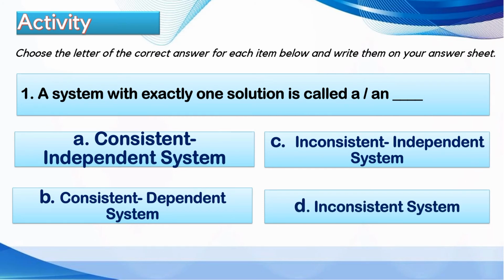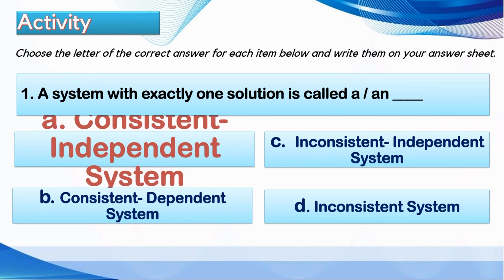C, inconsistent independent system. Or D, inconsistent system. You have 5 seconds to answer the question. Time's up. The correct answer is letter A, consistent independent system. And you are correct.